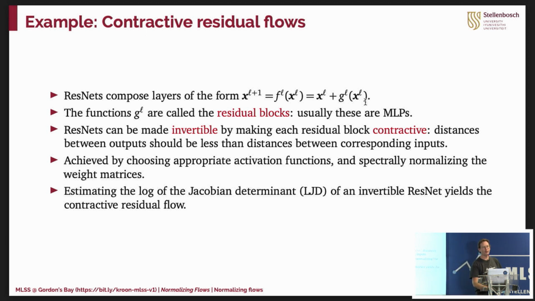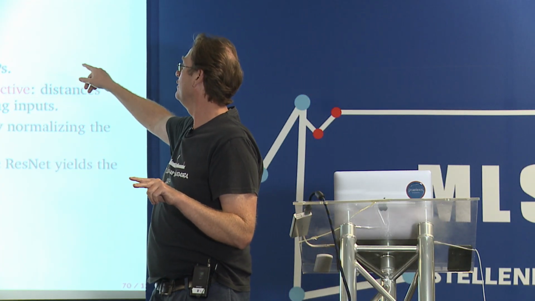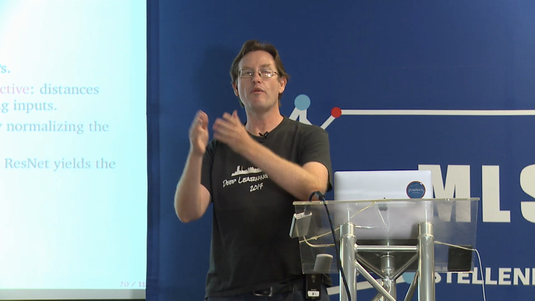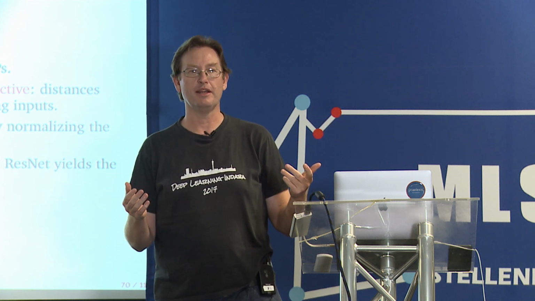And so the Jacobian of the output is going to be the identity, because it's keeping this, plus the Jacobian of this G. Right. And so when we design something that looks like a residual block that has a low rank effectively, then we're going to be able to use the matrix determinant lemma.